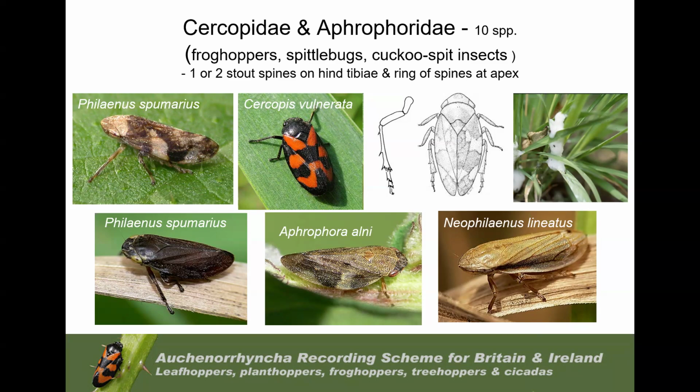It's a foamy substance produced by the nymphs surrounding themselves in this stuff as they feed on the plant. The conventional theory is that it protects them from desiccation, but also possibly from predators as well. But it's a structure that's produced by that particular family and that family alone.